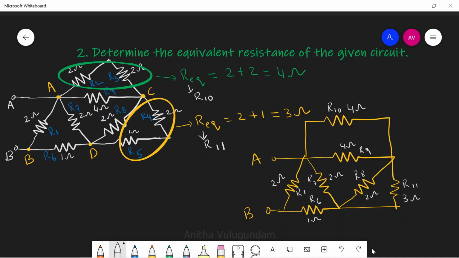Now let us see which elements are still in parallel and series connection. This is node C and this is node D, and this is node A, and this is node B. You can see here between A and C, these two resistors are in parallel. That is R9 and R10 are in parallel.